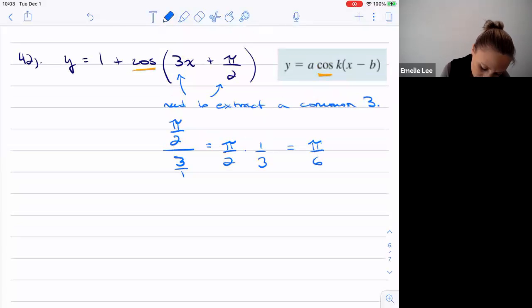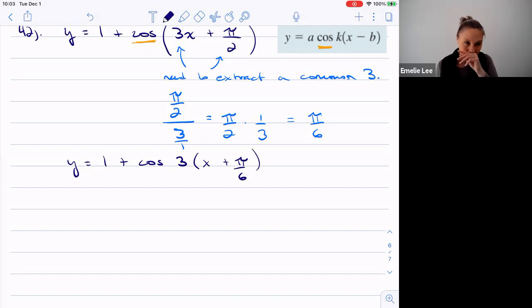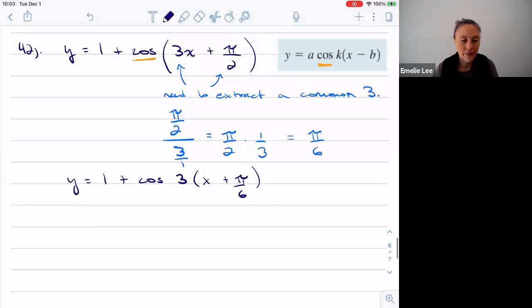So now I can rewrite this as y equals 1 plus the cosine of 3 times x plus pi over 6. It's positive. Nothing's changed. I pulled out a positive 3, so it's plus pi over 6. That changes some things because now we've got a shift to the left, because it's x minus b here.